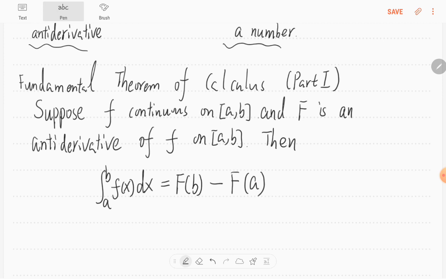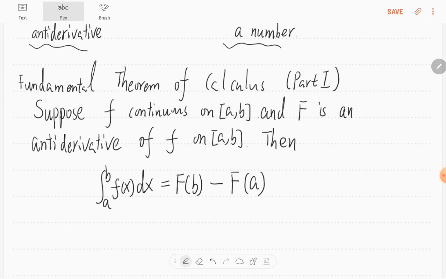So this part 1 tells you a way to calculate the definite integral using the antiderivative. If you want to compute the definite integral from a to b, you just need to find one antiderivative for the lowercase f, plug in b and plug in a, then take the difference. Then you will have the definite integral.